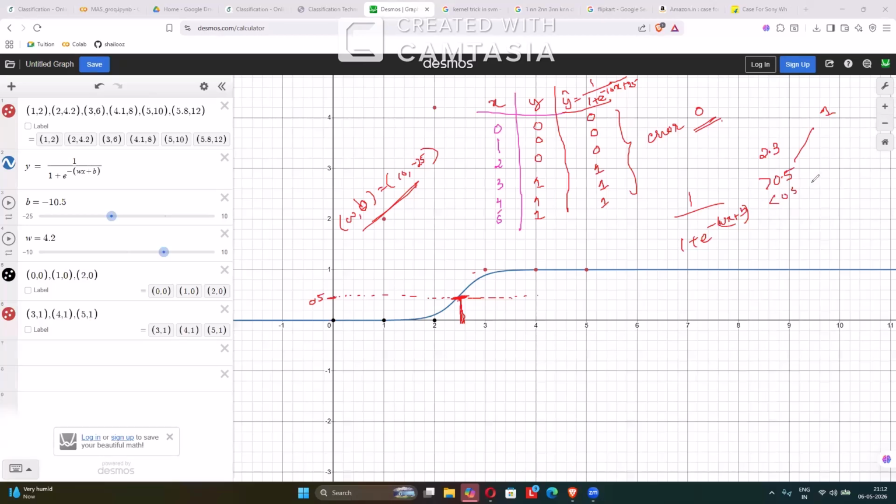If it is less than 0.5, we can say it is class 0. Are you getting my logic?